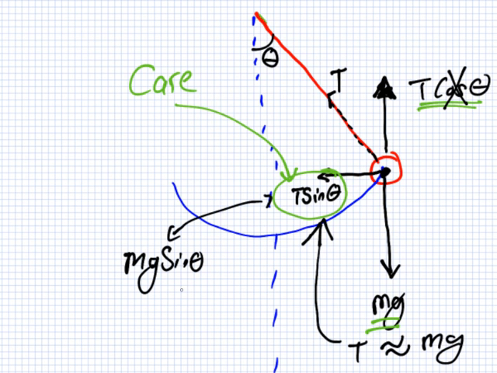But what does sine theta equal roughly? X over L, where x is the distance it travels. So that becomes this now. Now I'm going to put in a minus. Why am I putting in a minus here? Because it's going to the left.